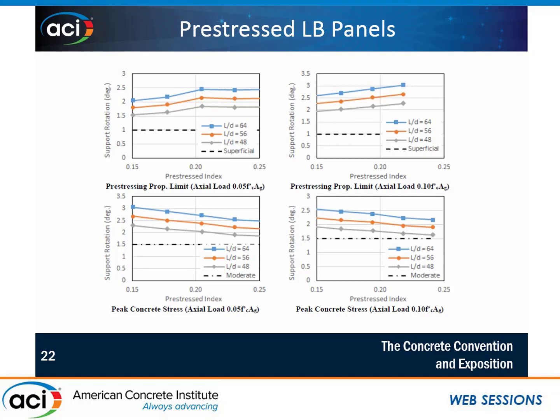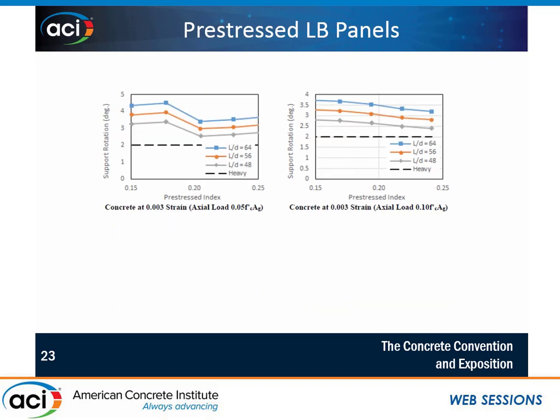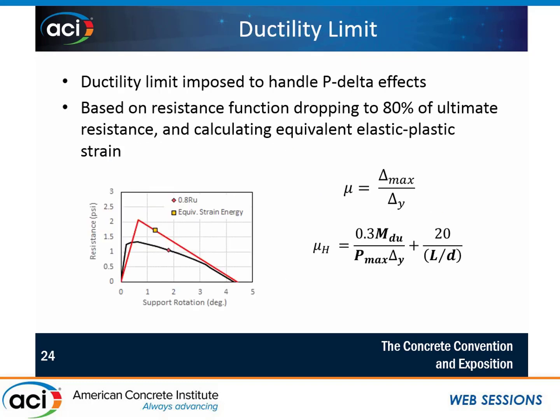And likewise, this is showing moderate damage that we've set with the peak concrete stress, when your concrete's at around 0.002 strain, and we set a value of 1.5 degrees to that. And then likewise for heavy, which was based on essentially concrete getting to crushing point.